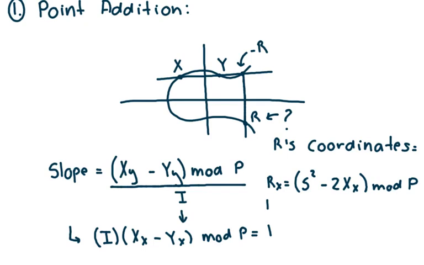The y-coordinate of point r will in turn equal the slope times the x-coordinate of point x minus the x-coordinate of point r, minus the y-coordinate of point x, and this entire thing, once again, modulo p.